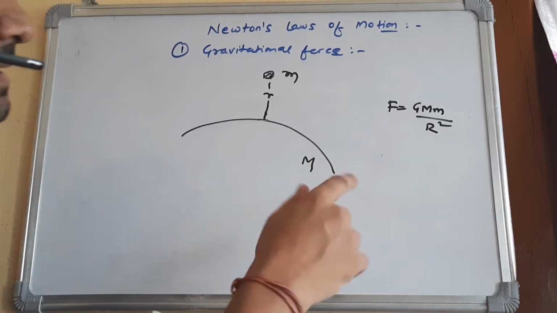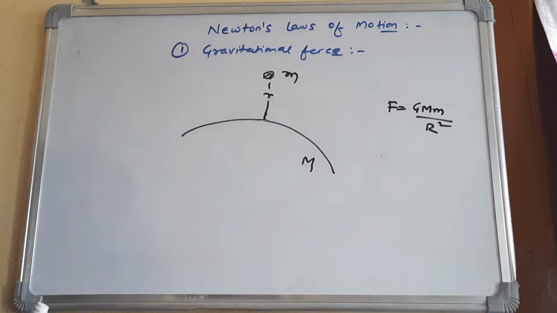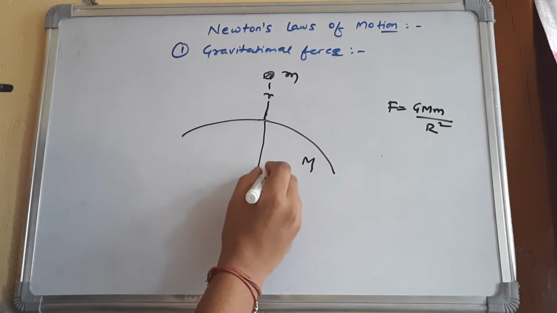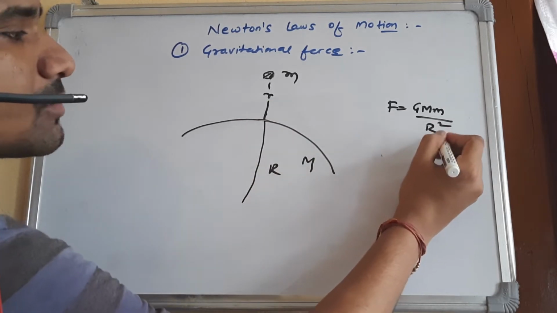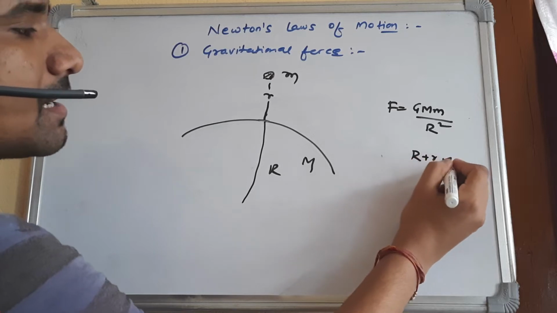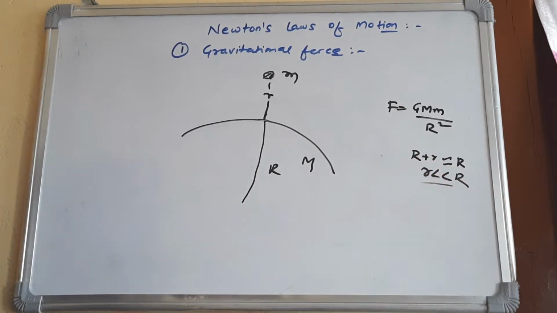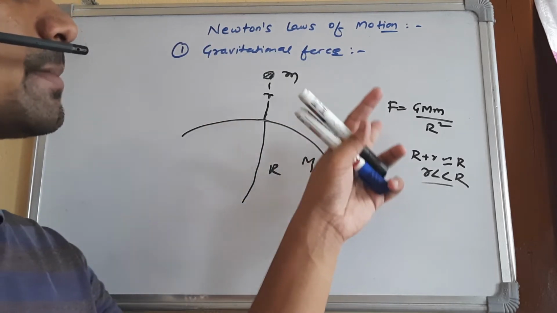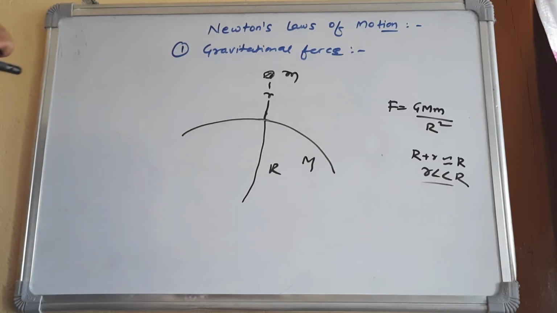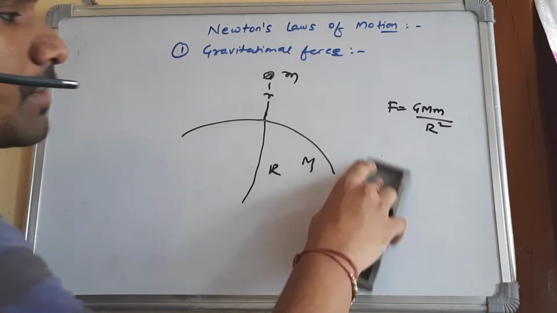Now, this capital R is basically the radius of Earth, and r is the height, so basically it should be R plus r, but R plus r is equivalent to R because r is very, very small. So the force applied by Earth on any body on or near its surface is given by G M m by R square. This is the gravitational force of Earth.